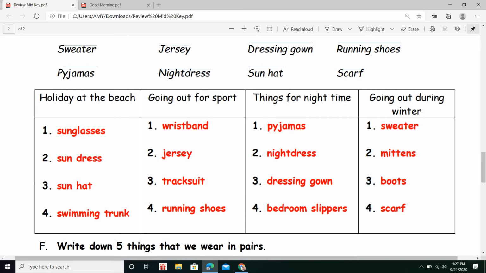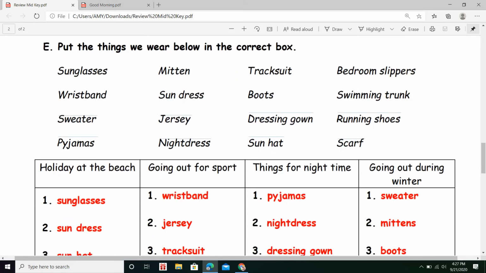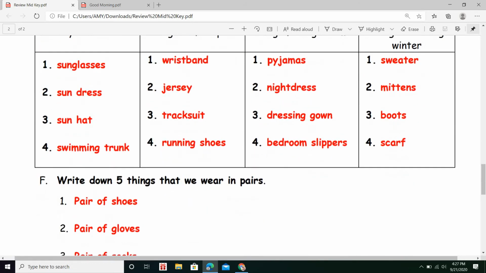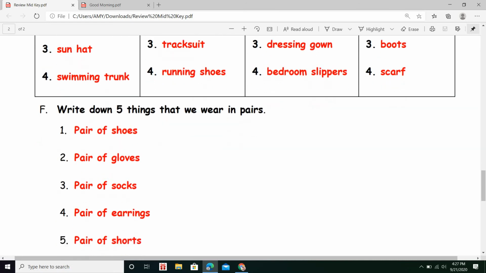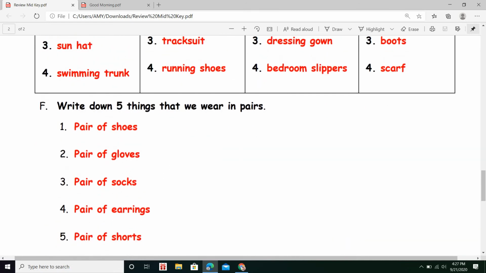Alright friends, for part E, Miss Asmi thinks it's quite easy because we already repeated it more than 2 times. Okay, now part F is also quite easy.